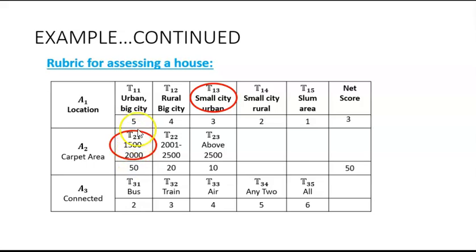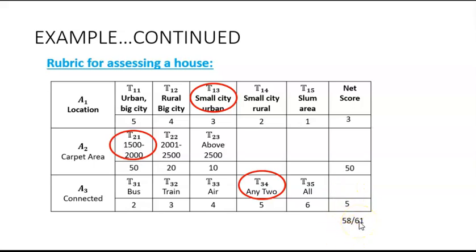It falls in this T211. So the score on attribute 2 is, and let us say you have any two methods, air, train, bus, corresponding to which the score is 5. So the net score for the candidate house is 5 plus 5 plus 3, that is 58.